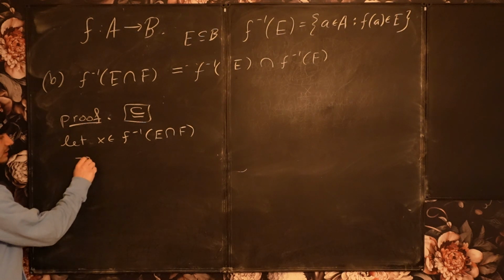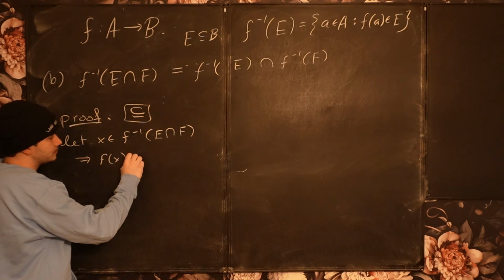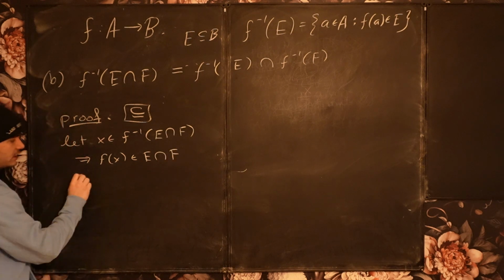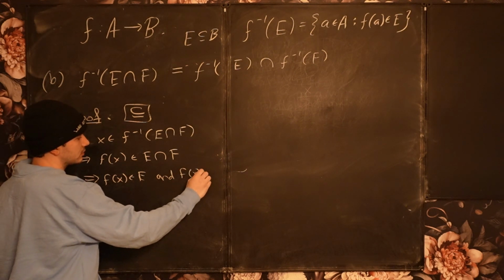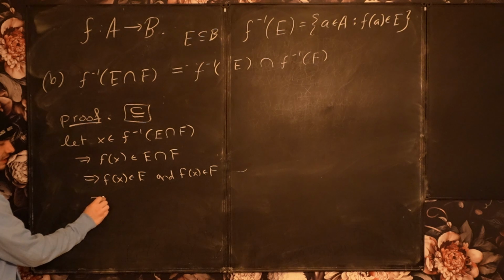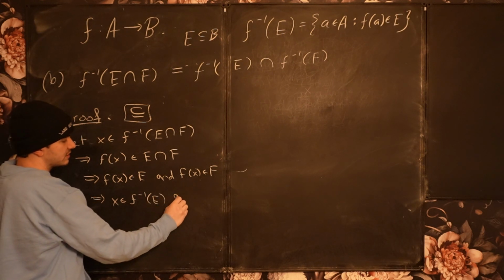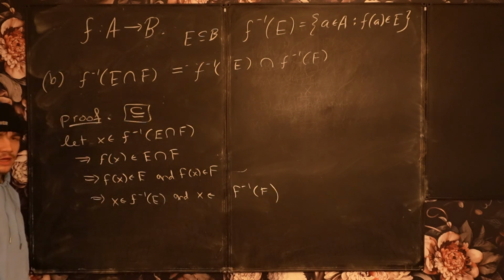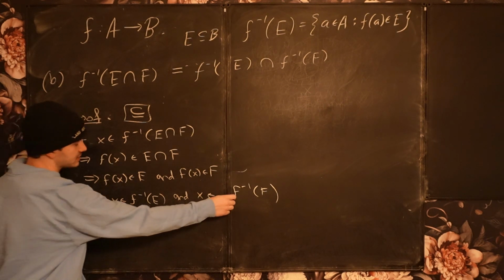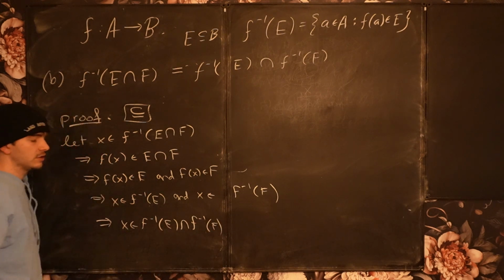By definition, this implies that f(x) is going to belong to E intersect F, which tells me that f(x) belongs to E and f(x) belongs to F. f(x) belonging to E tells me that x belongs to f inverse of E. And similarly, f(x) belonging to F tells me that x belongs to f inverse of F. And now we conclude that x belongs to both of these sets, therefore it belongs to their intersection, f inverse of E intersect f inverse of F. Great.